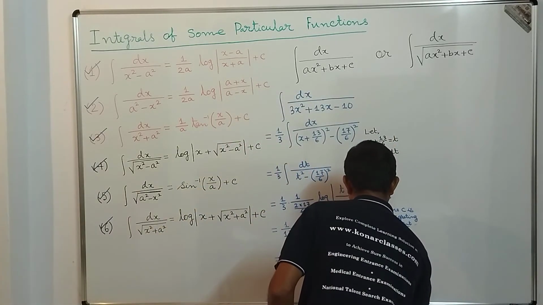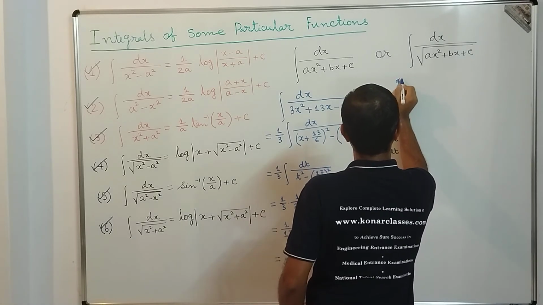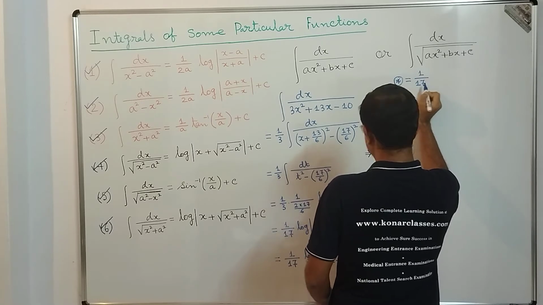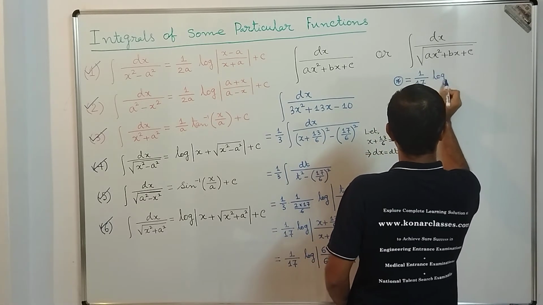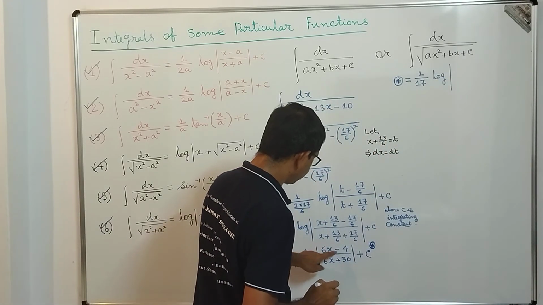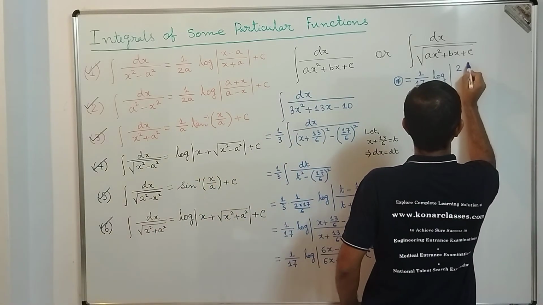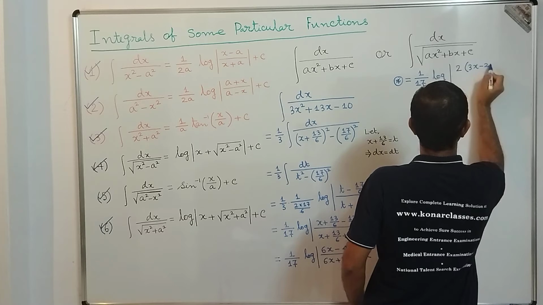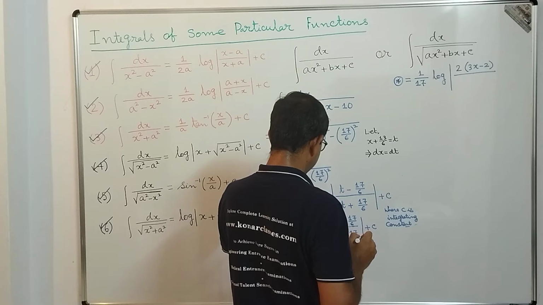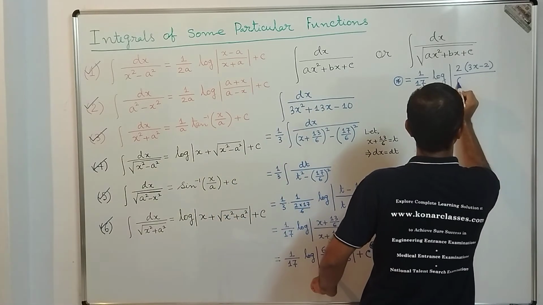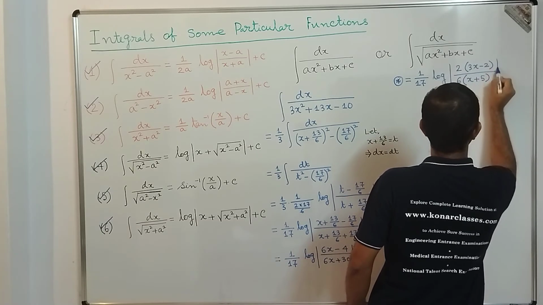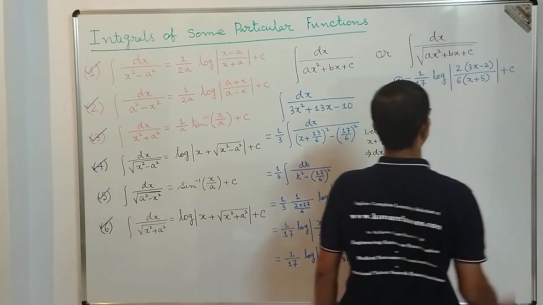From here what we get, dear students, is that this is equal to 1 by 17 into log mod. We can take 2 common, then it is 3x minus 2, divided by, here we can take 6 common, x plus 5. If we take 6 common, it becomes x plus 5 plus c.